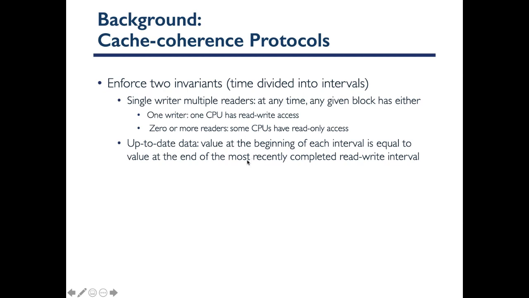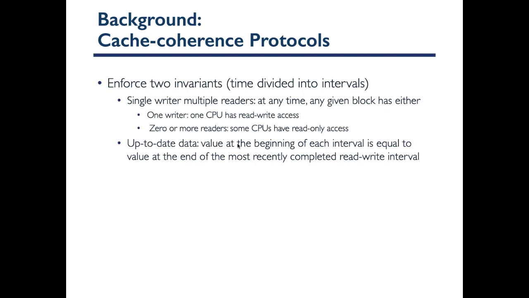The second invariant that any coherence protocol implements is that we're dividing time into intervals, and each interval is every time data is accessed or changed. So the value at the beginning of each interval should be equal to the value at the end of the most recently completed read-write interval.